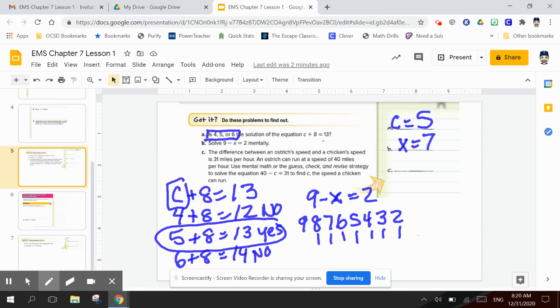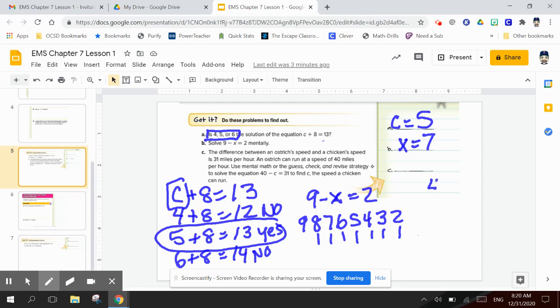The last one, letter C, it says the difference between an ostrich's speed and a chicken's speed is 31 miles an hour. An ostrich can run at a speed of 40 miles per hour. Use mental math or guess, check and revise strategy to solve the equation 40 minus c equals 31 to find c, the speed a chicken can run.